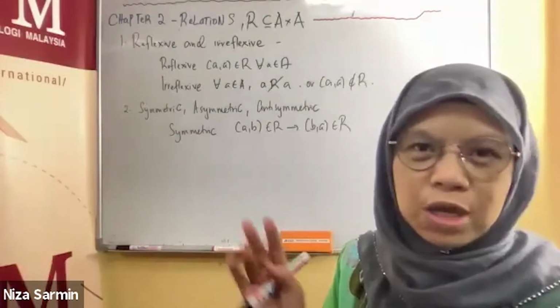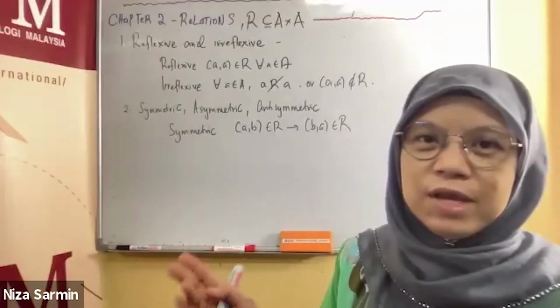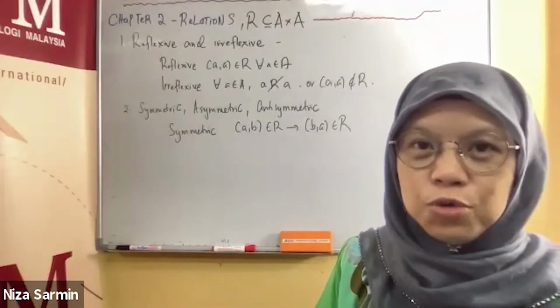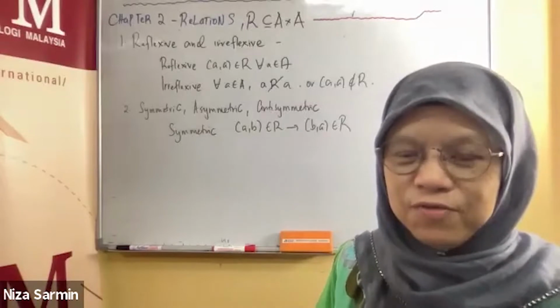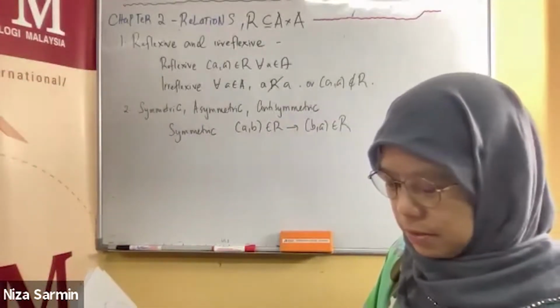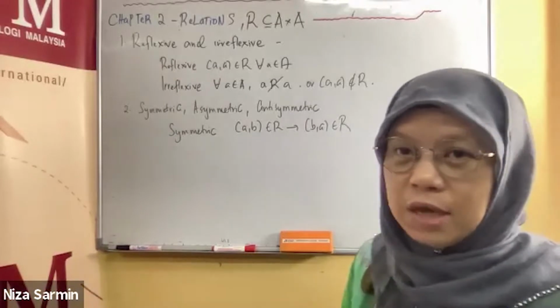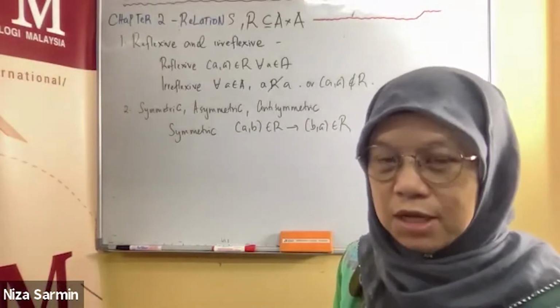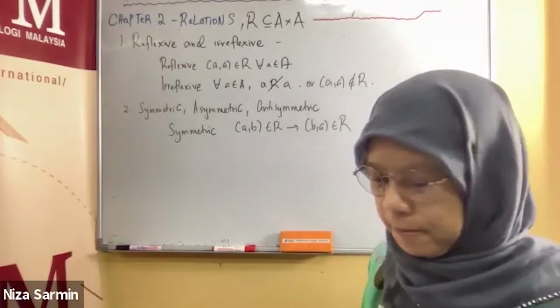If they're the same, it's okay, (1, 1), (1, 1), right? If there is a (1, 2), there has to be a (2, 1). If there is none, it's okay. All right, that is what it means by symmetric.